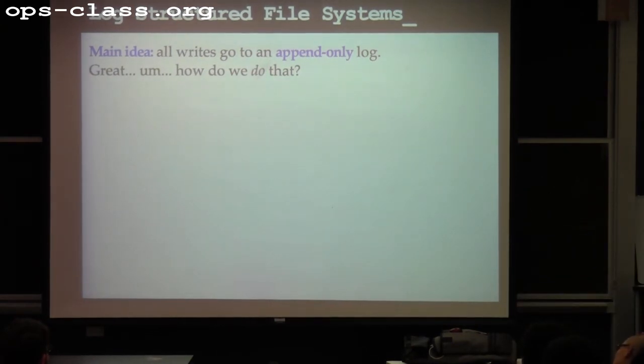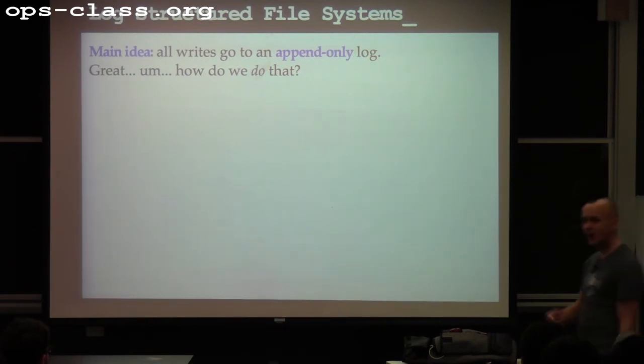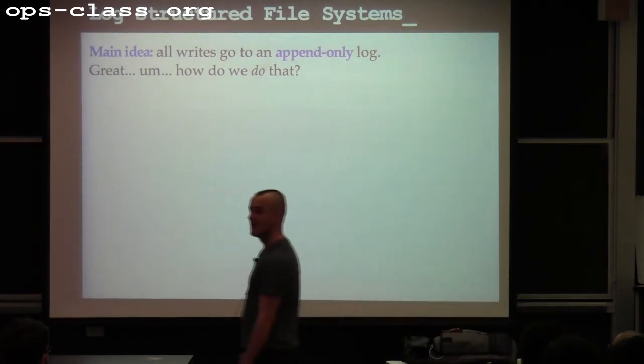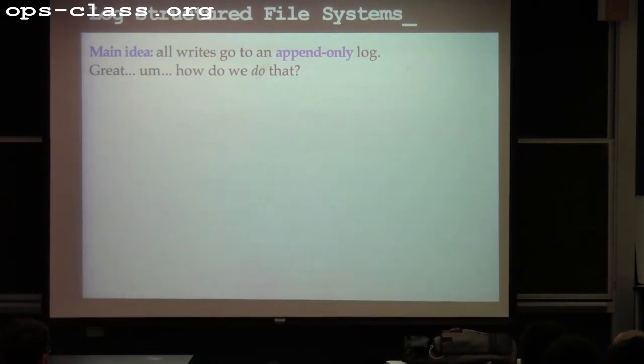So this sounds awesome until you think about how, right? All of these data structures that we've talked about for file systems so far, a lot of times file systems have exploited the fact that they put something in a particular spot and then they know it's there.